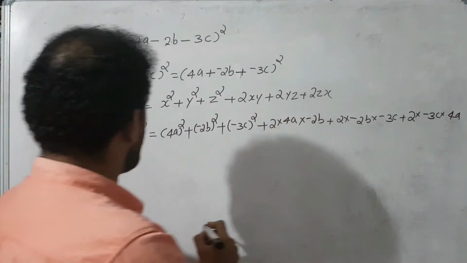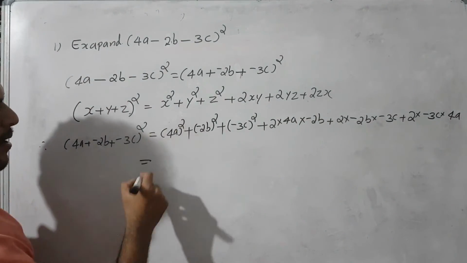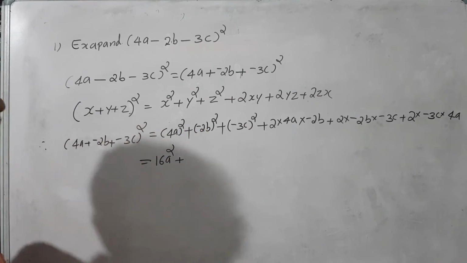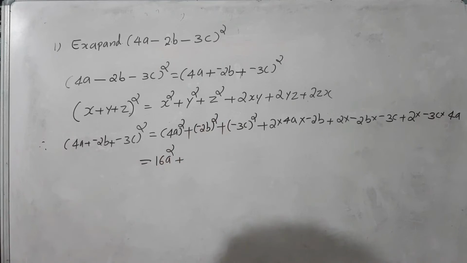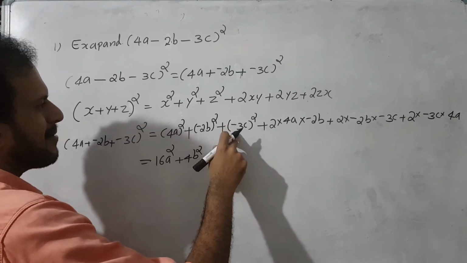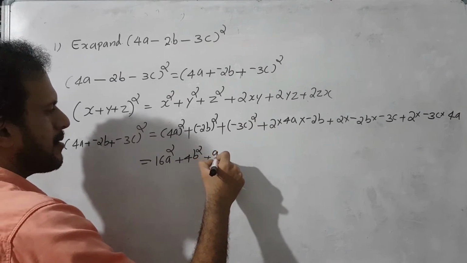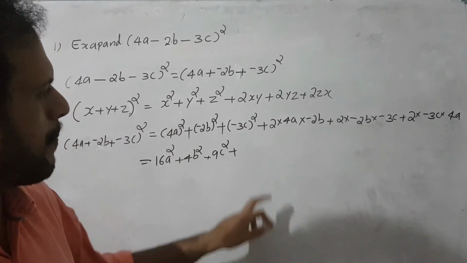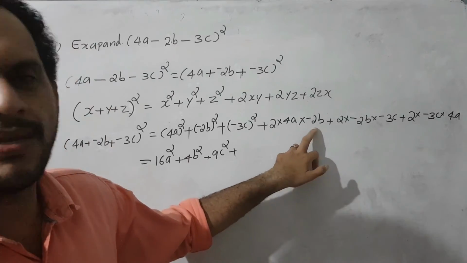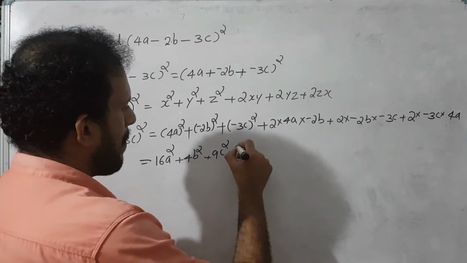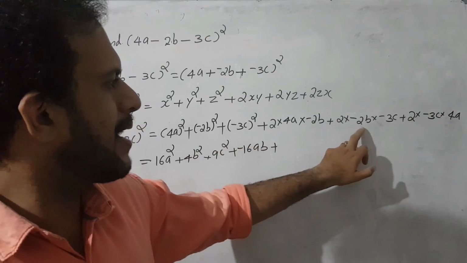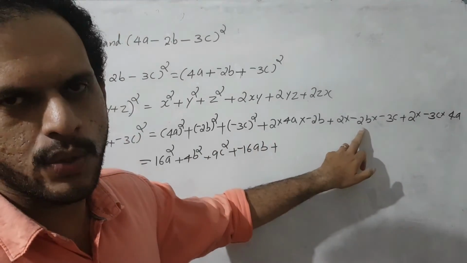x is 4a. Is equal to (4a) whole square is 16a square. Minus 2b square. What is minus 2 square? Minus 2 square is 4. 4b square. This one minus 3 square is 9, 9c square. Then we multiply 2 into 4, 8. 8 into minus 2 is minus 16, minus 16ab. 2 into minus 2, what is 2 into minus 2?